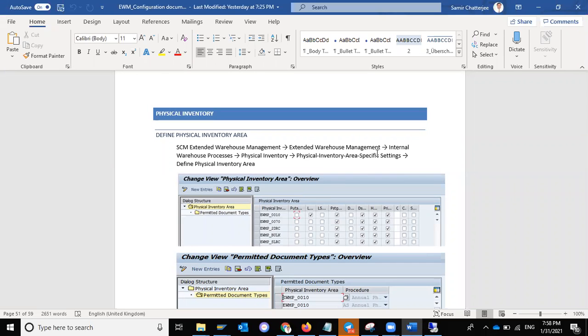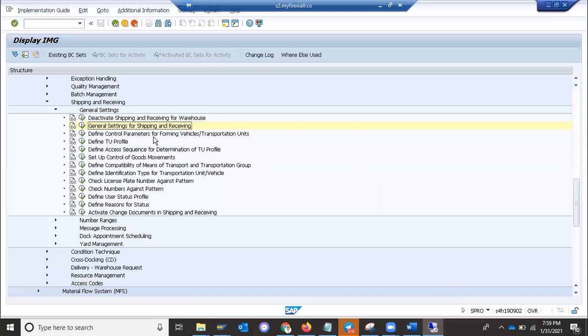So, these processes contain replenishment, physical inventory, bin to bin movements, or storage type to storage type movements, or handling unit changes, all the specific operations we are doing. So there we have to define some physical inventory area for PI processes, physical inventory process. So you can see this internal warehouse movements also.